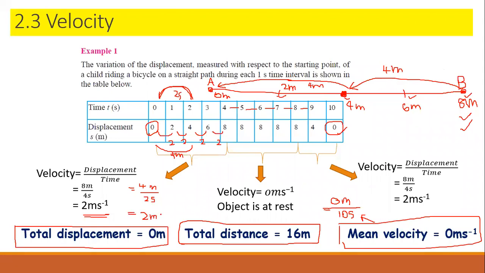We can select any point only when the distance traveled in each time interval is the same. Only when it is the same, we can find any point like this. So it will give us the same answer. And here, if we take the total displacement, the displacement done here is 0.